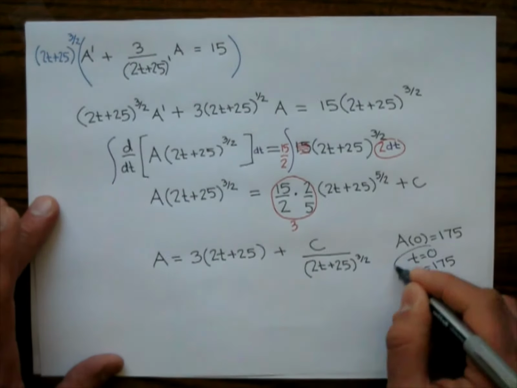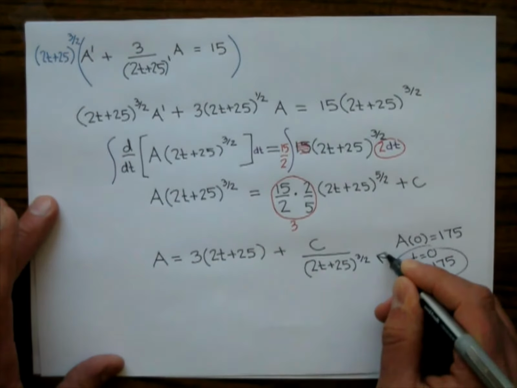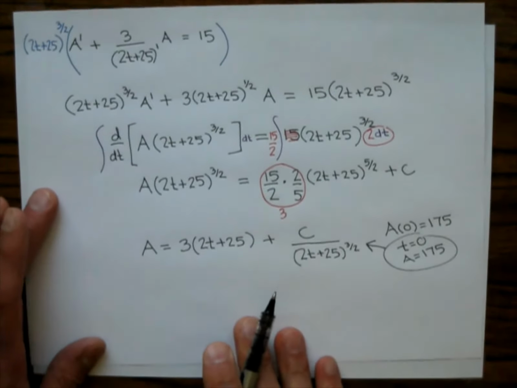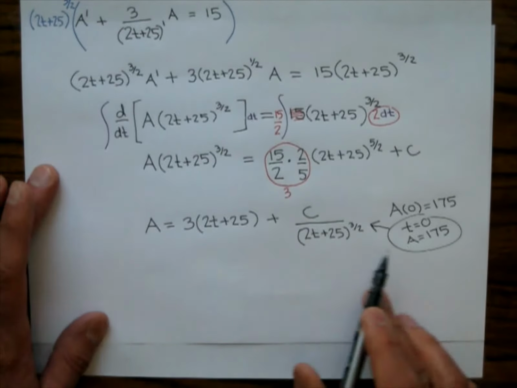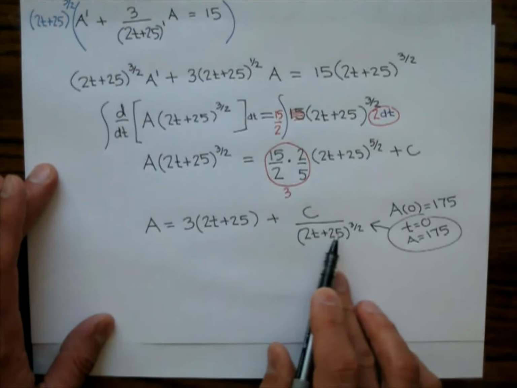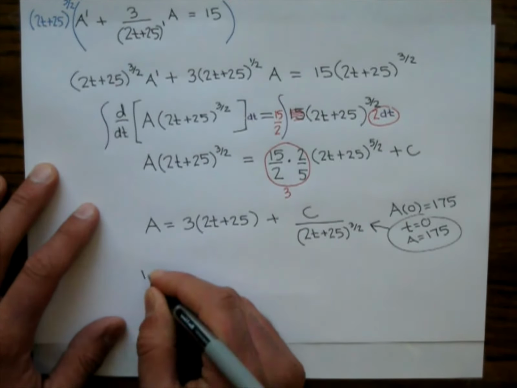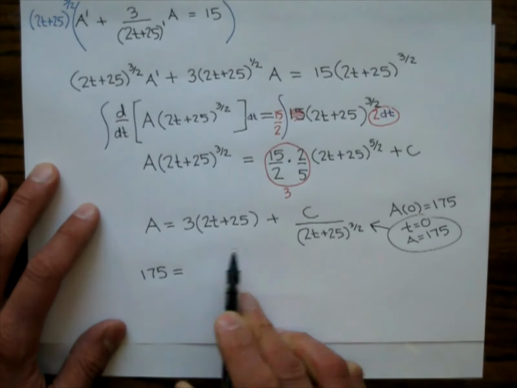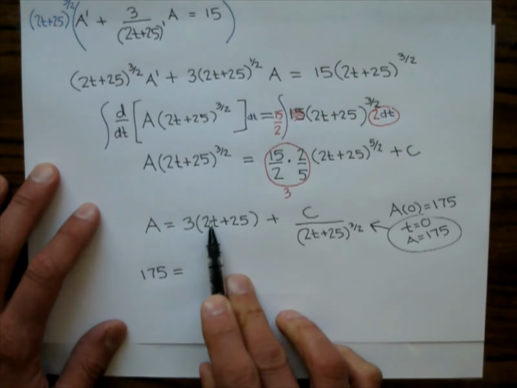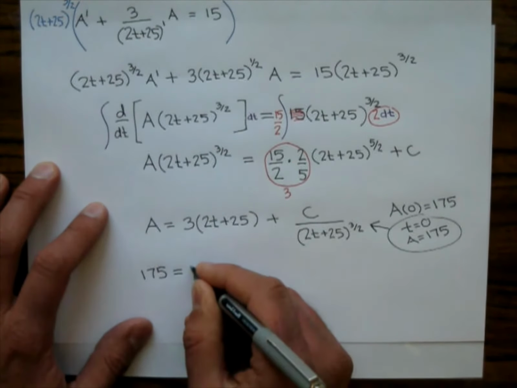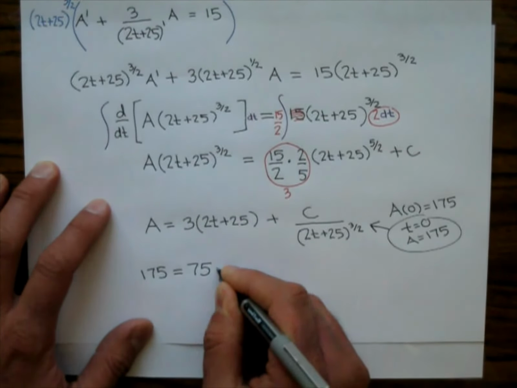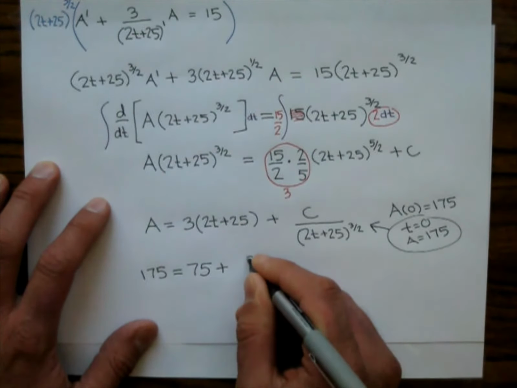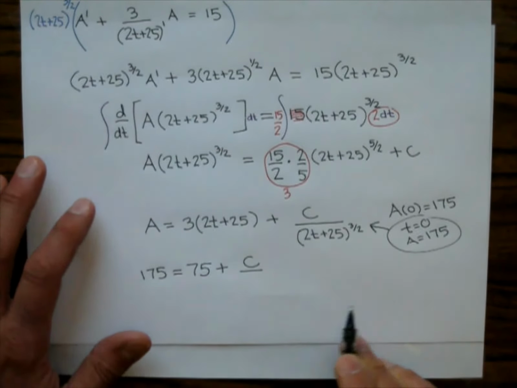So let's put this into our differential equation. This is the general form. It has a C there, and a general solution. I have 175 equals, putting t equals 0 in, so I have 25 times 3, that's 75, plus c over, what do I have here?